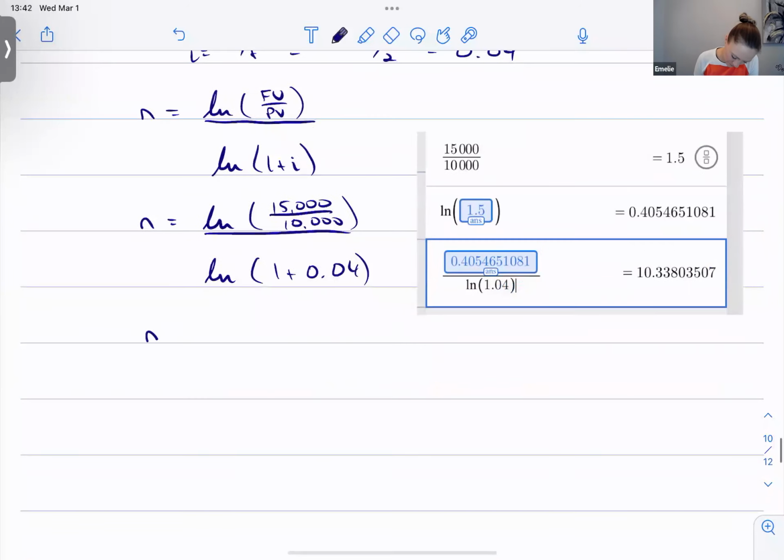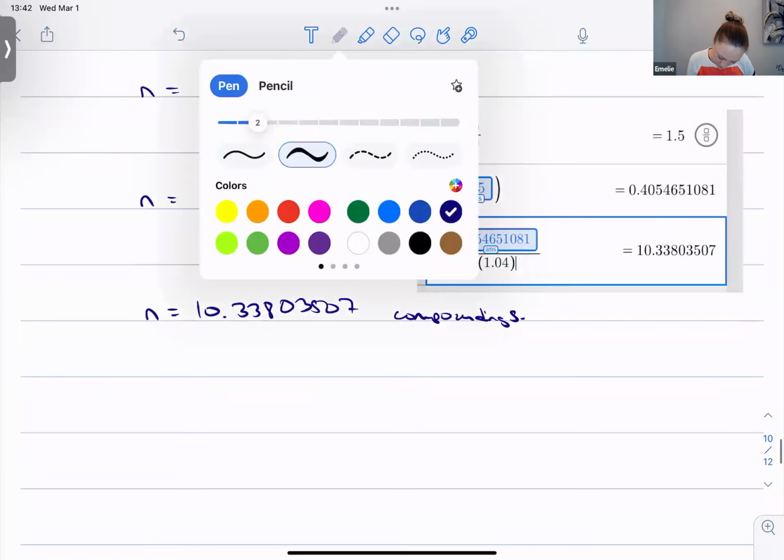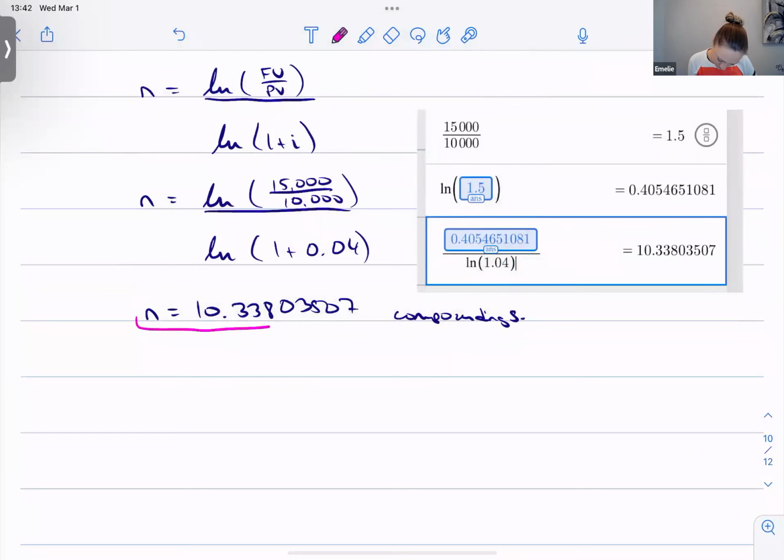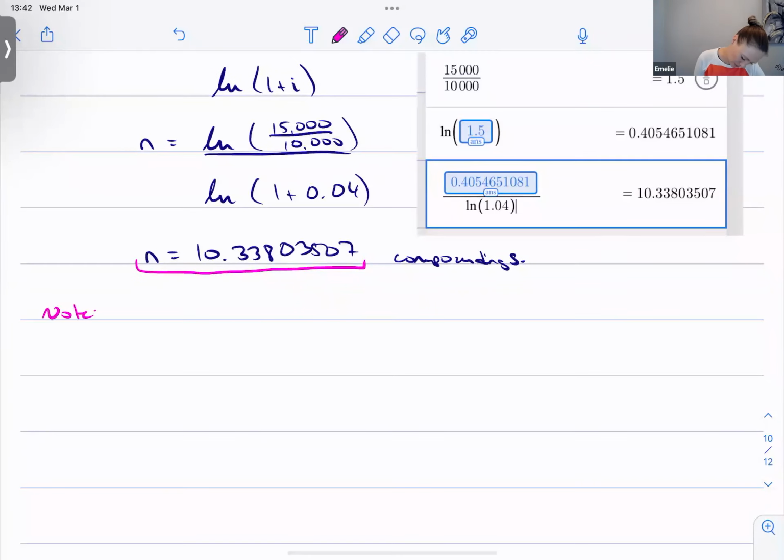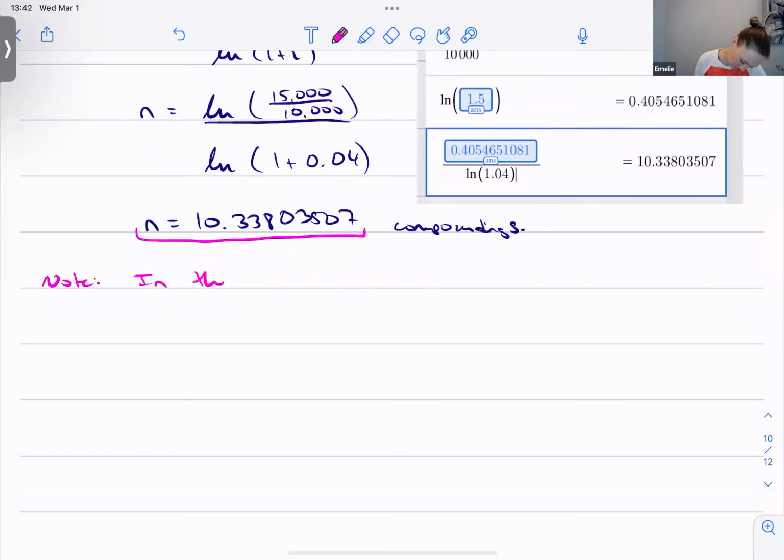So n is 10.33803507 compoundings. Note, in the Moodle questions, use the unrounded value for n.